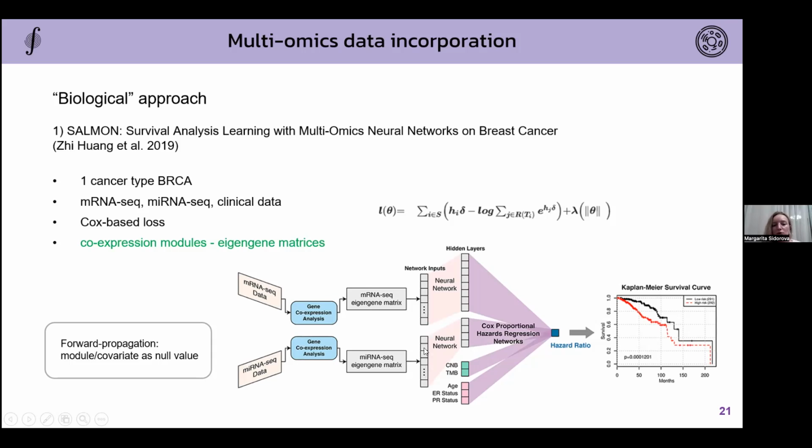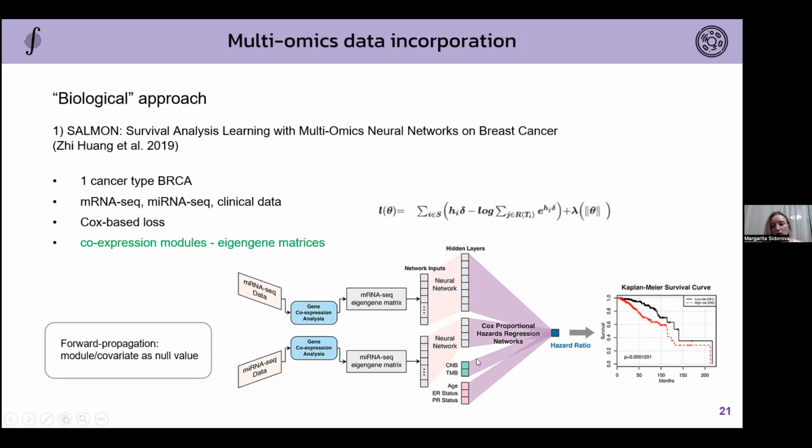So the inputs of the network are not just the multi-omics data and all genes, all expression, and so on, but the modules of co-expression. And in fact, by doing this co-expression analysis, they decreased the dimensionality. And also, they decreased the dimensionality in the hidden layers.